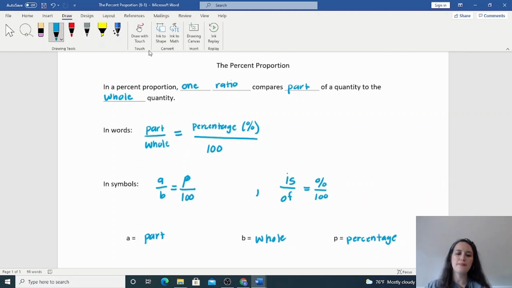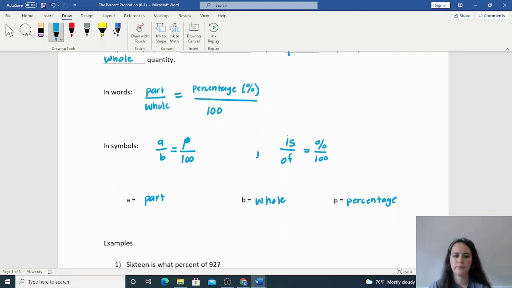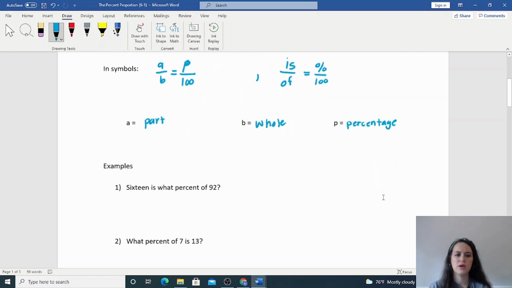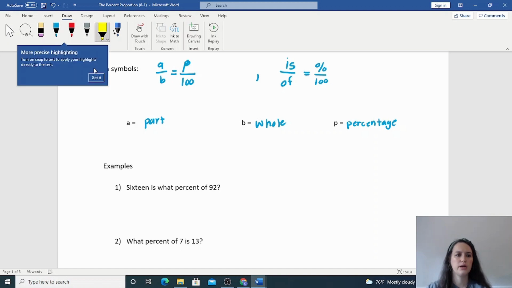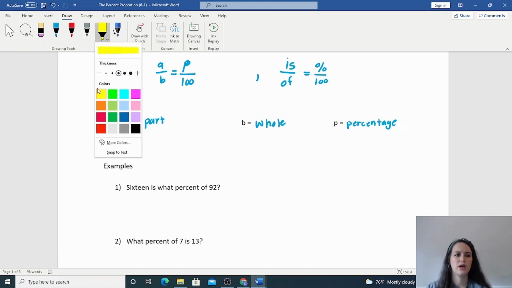So there are a few ways you can choose to tackle these questions, and we're going to jump into them. Here are some examples. I'll try to leave this part up here so you can still see it while we're doing this. If I want to know 16 is what percent of 92, I'm going to color coordinate my pieces.